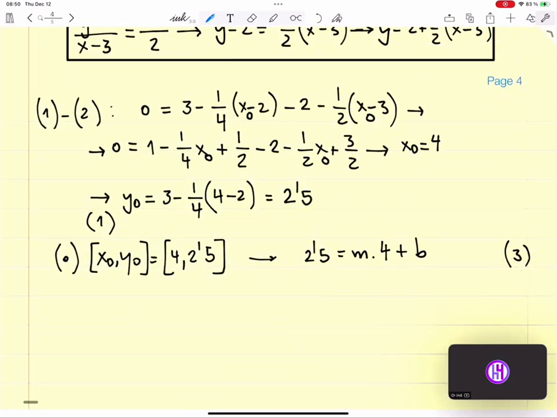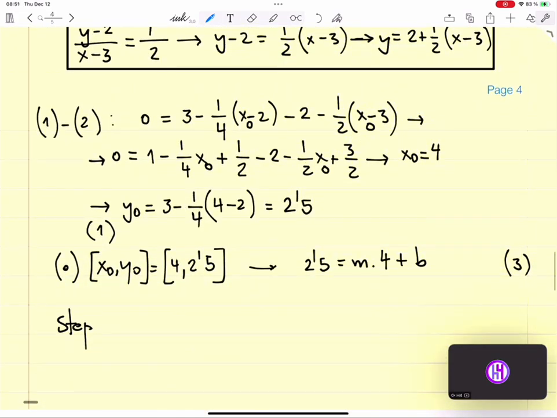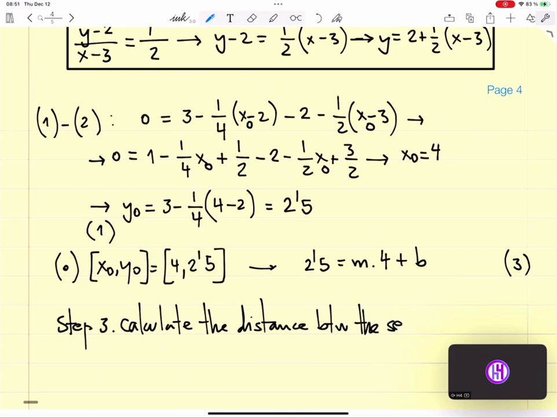So now step number 3. Calculate the distance between the separating line and the two closest points.